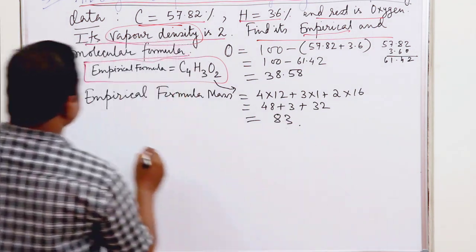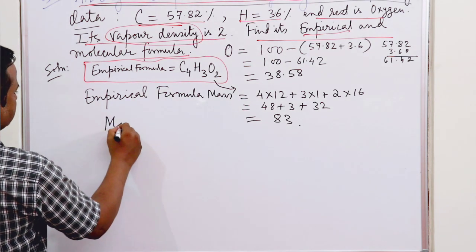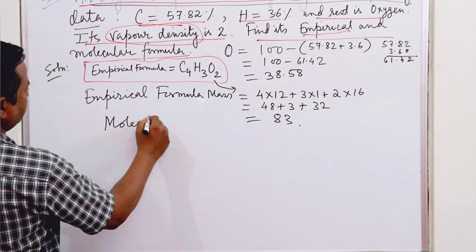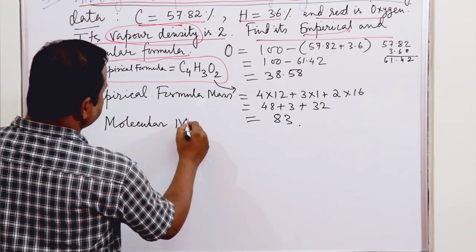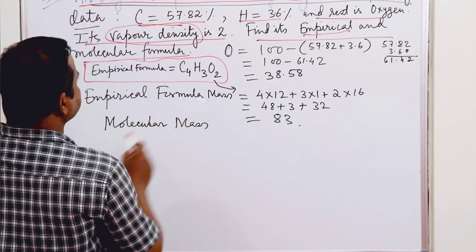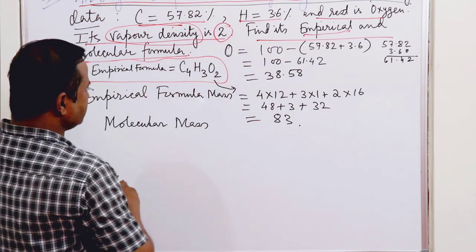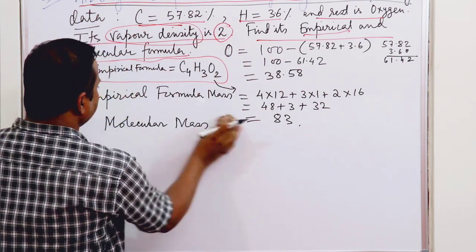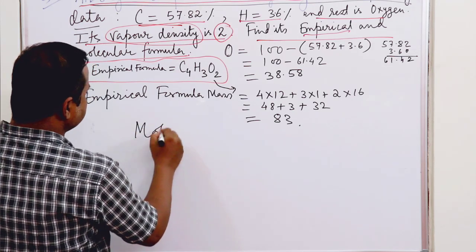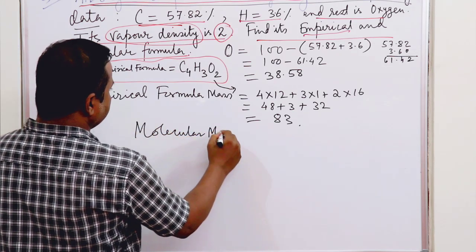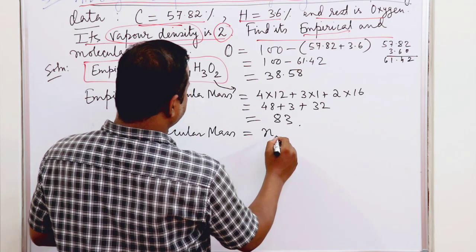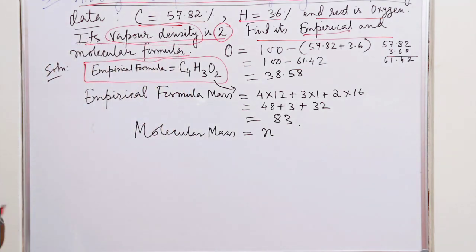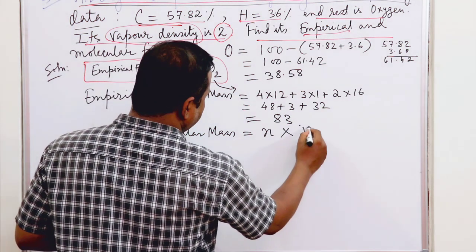Now what is the molecular mass? Molecular mass can be calculated from the vapor density. You are getting a new concept here. Please remember, molecular mass is equal to 2 into vapor density.